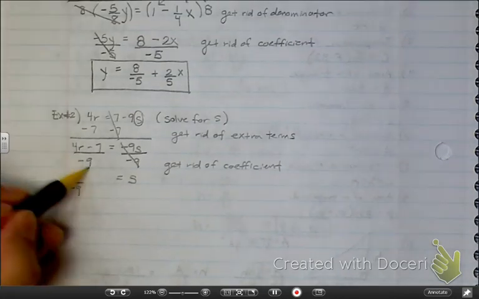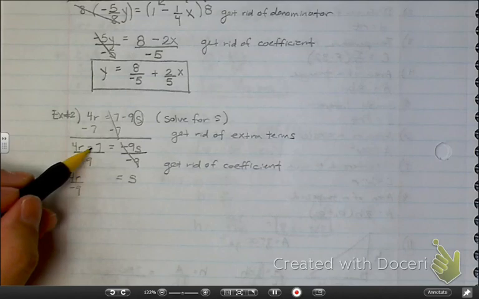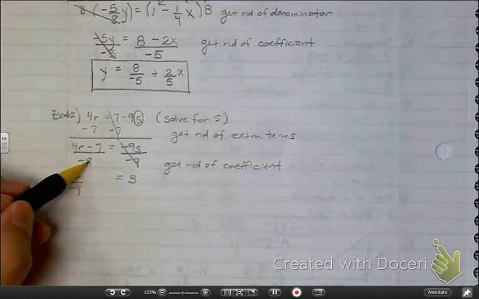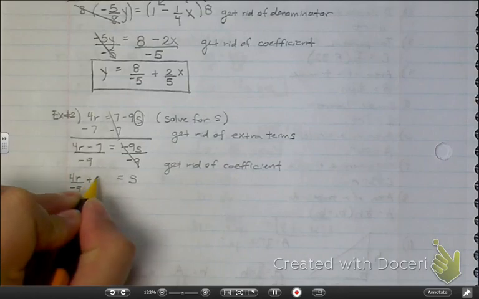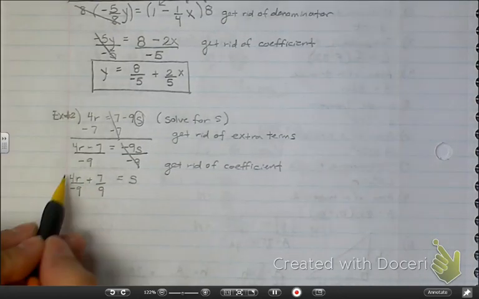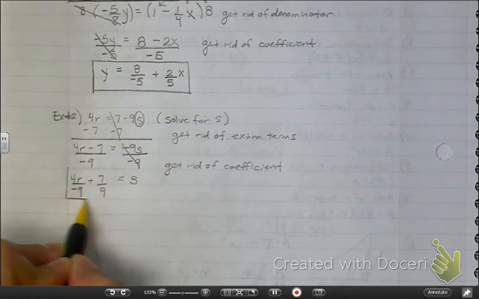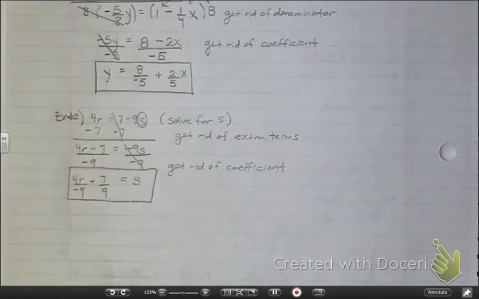That's this first term. And then I also have to divide negative 9 into negative 7. So it's a negative 7 divided by a negative 9, and a negative divided by a negative is a positive. So it's positive 7 over 9. And again, that doesn't simplify at all, so we can just leave it alone. So I'll put a box around this answer, and that is my answer for today.